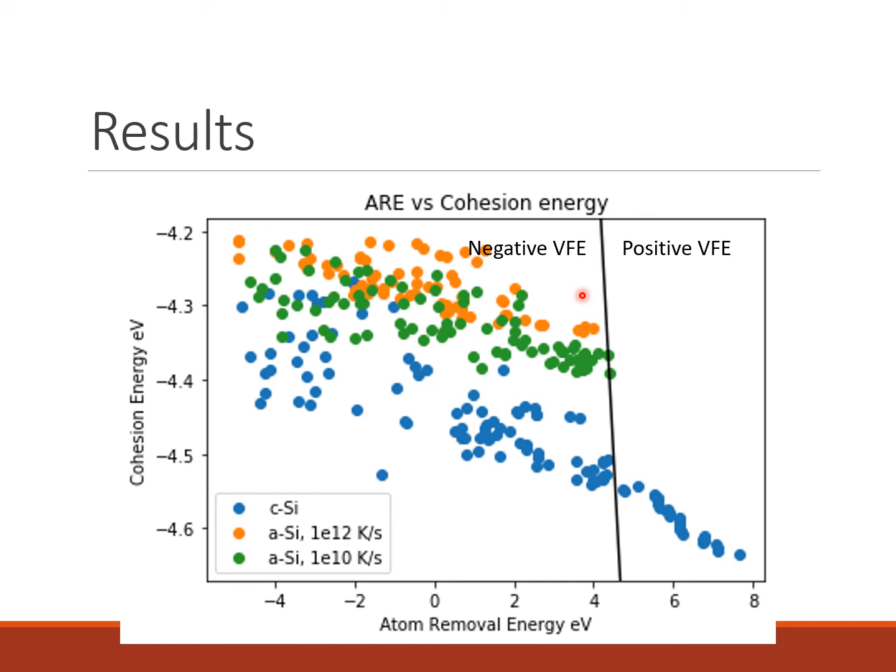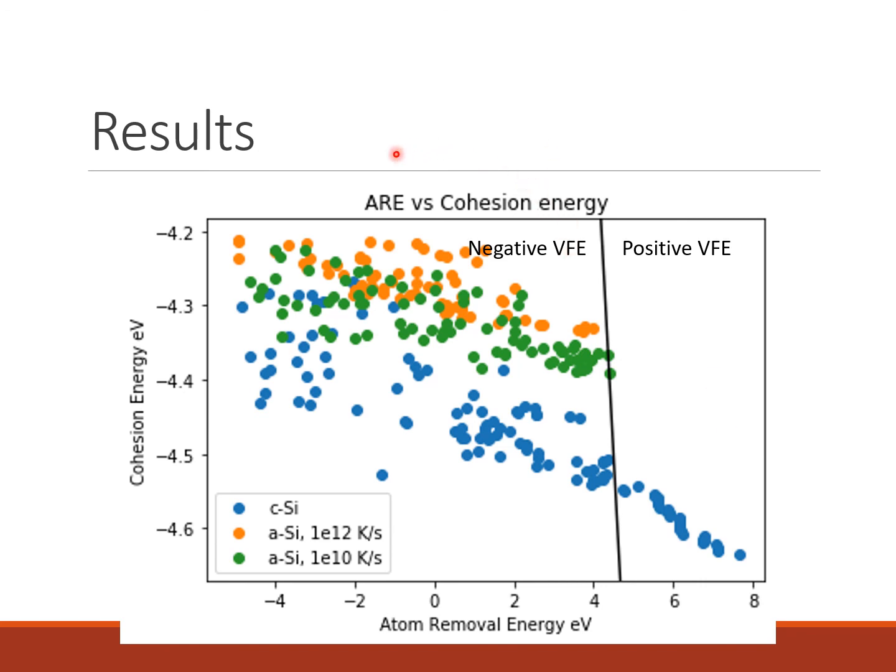However, this is the most liberal definition, which is that the cohesion energy is the cohesion energy of the structure. This is a plot of the one-to-one relation, meaning that anything on this side has a positive vacancy formation energy, and anything on this side has a negative vacancy formation energy. Of the structures we analyzed, crystalline silicon is the only one that has a clearly positive vacancy formation energy.